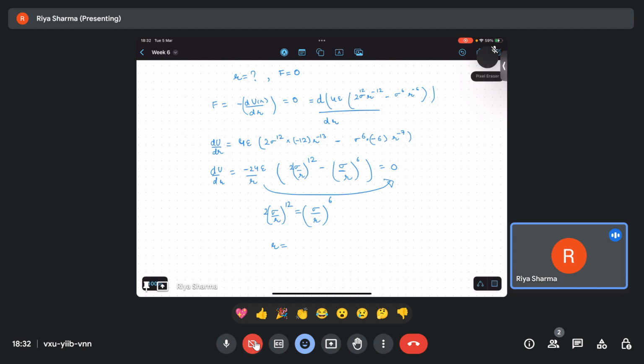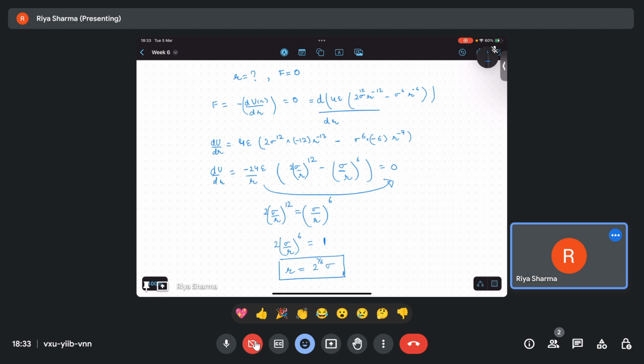We need to find the r value. So sigma by r to the power 6 times 2 equals to 1, so it will be 2. Therefore r will be equal to 2 to the power 1 by 6 into sigma.